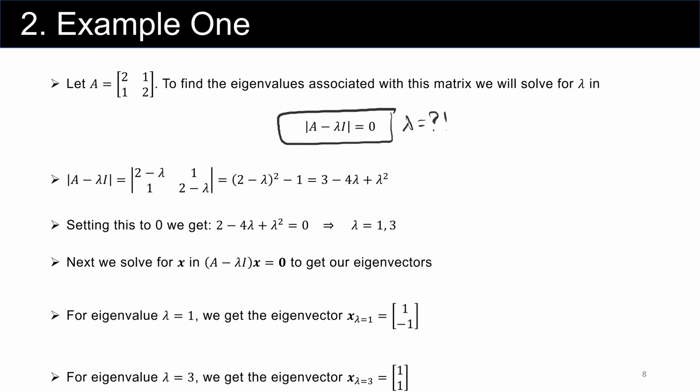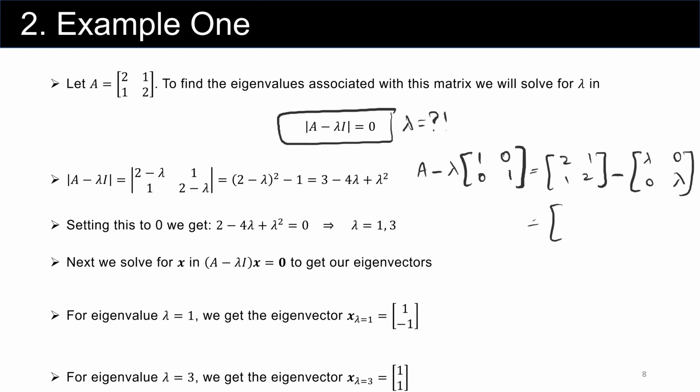So A minus lambda I is A minus lambda multiplied by I, the identity matrix, which has the same dimensions as A. So it's [2, 1; 1, 2] minus [lambda, 0; 0, lambda], which is equal to [2 minus lambda, 1; 1, 2 minus lambda]. This is what we have here.